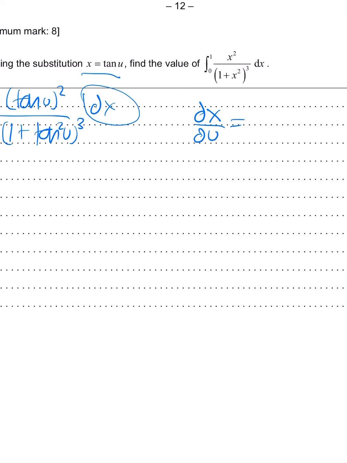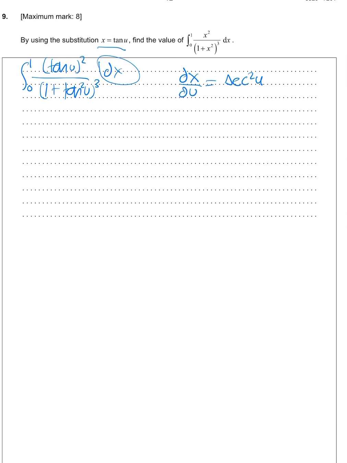What's the derivative of tangent of u? Sec square. Good. Secant squared of what? Of u. Good. So therefore, dx is going to equal secant squared of u du. Well, this allows us to replace this dx with this.